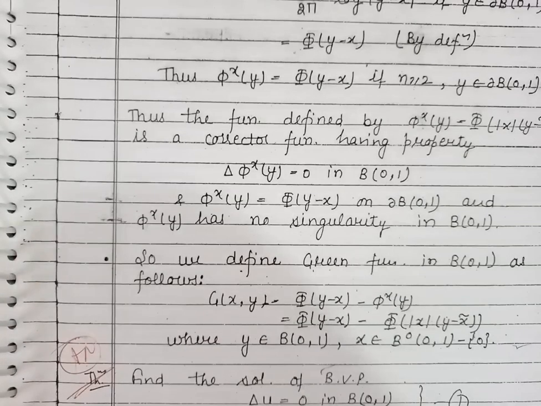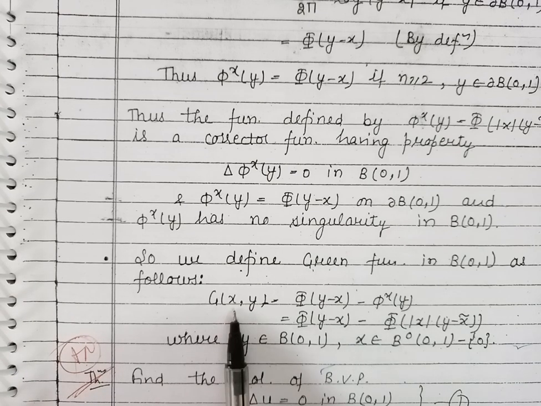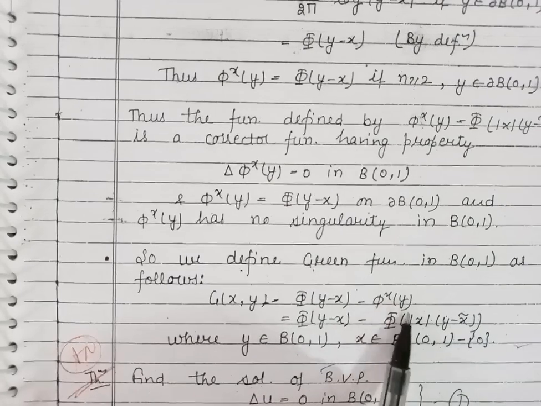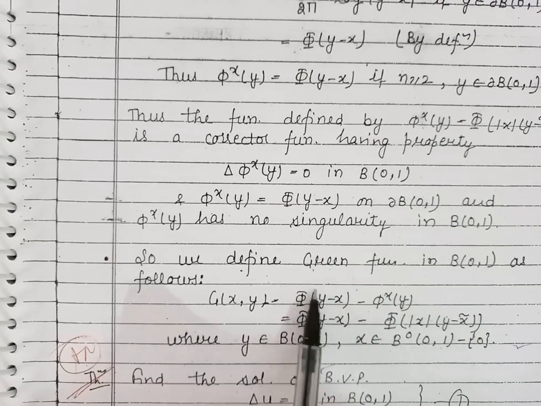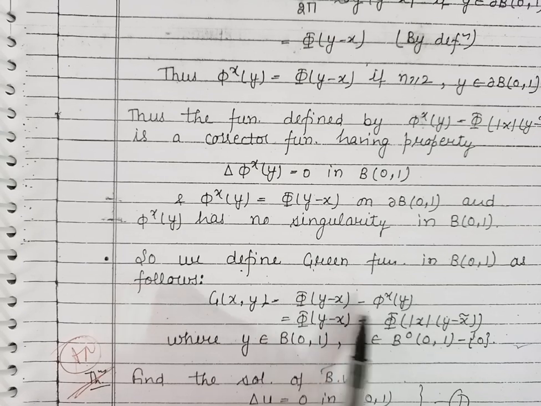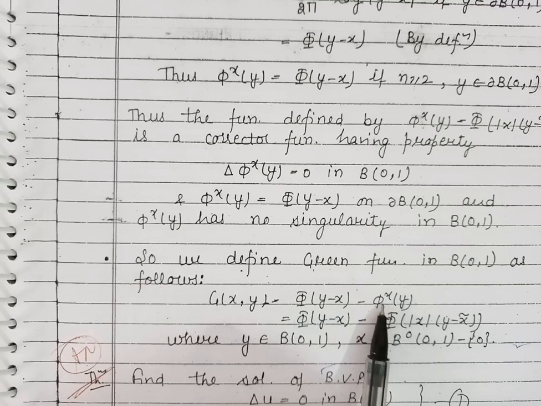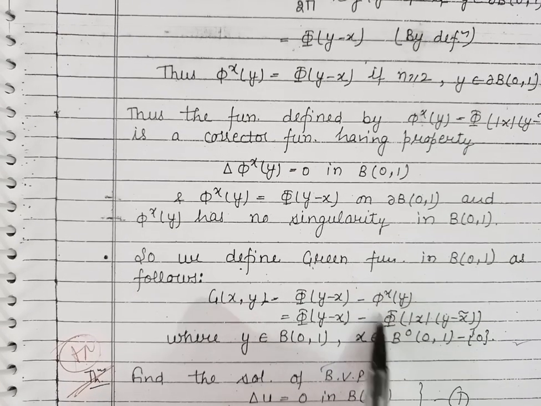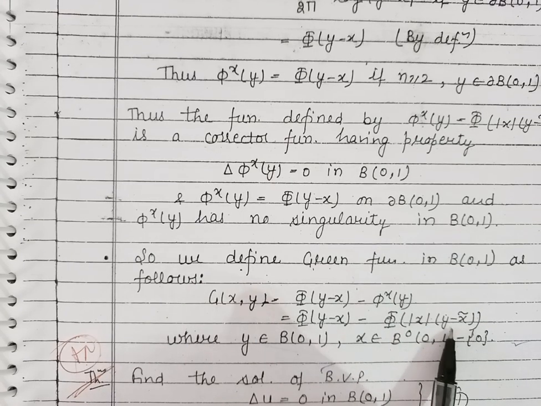Now we are in a position to define Green's function for the unit ball. By definition, Green's function is defined as φ(y − x) − φ_x(y). This is the fundamental solution of the Laplace equation, and this is the corrector function. Now by our definition of the corrector function for the unit ball, this is φ(|x|(y − x̄)).